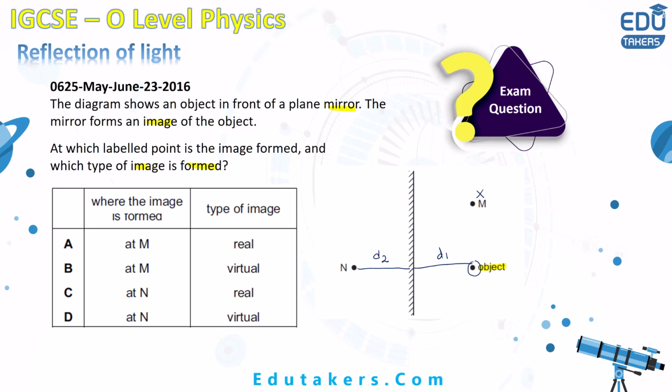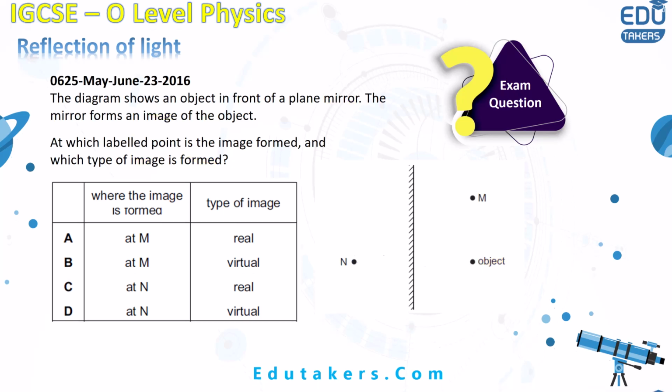When both of these are on the same side, it's an incorrect position for the image. It means that N is the correct position for the image, because in this case, the size of the object and size of image is the same, and the image is at an equal distance from the plane mirror as that of the object. So N is the correct answer here.